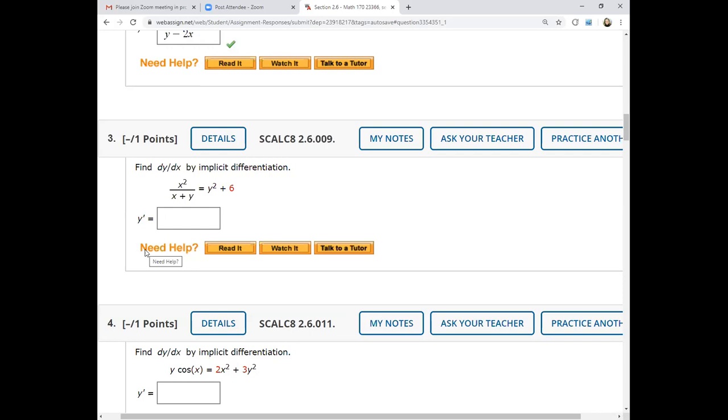Now, this first fraction is going to be quite a quotient here. We have to use quotient rule with the chain rule. So when I differentiate this, first I write the denominator.